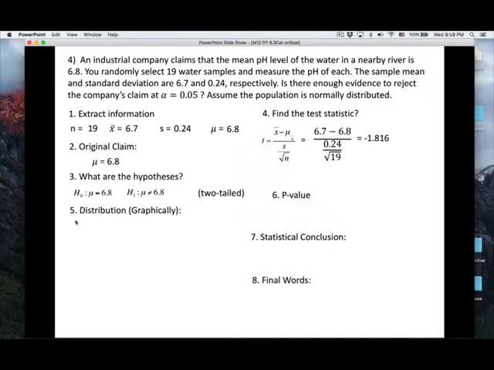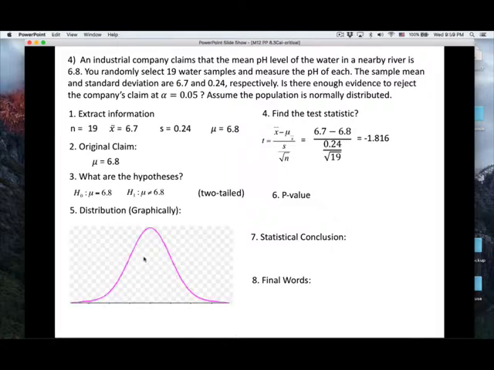Okay, number 5, distribution. We're going to sketch the bell shape here, and then we have two tails. The test statistic is negative, so we put the numbers in here.